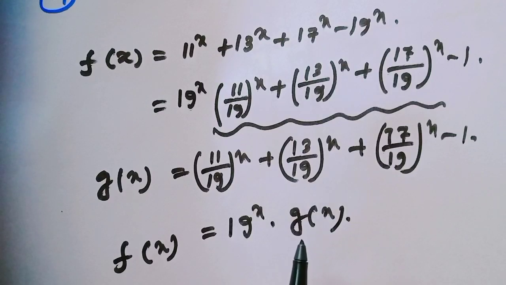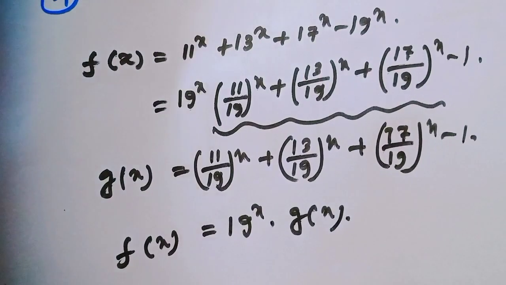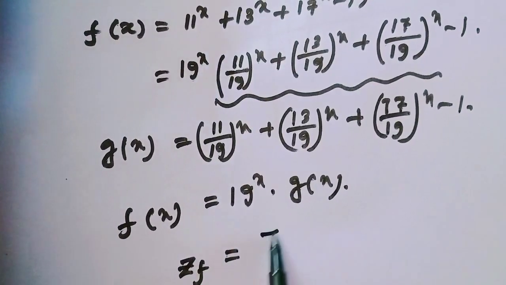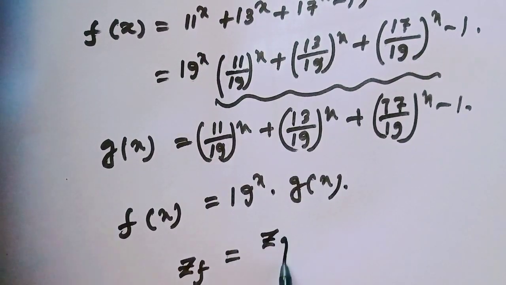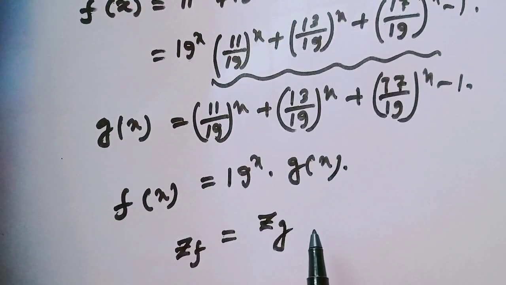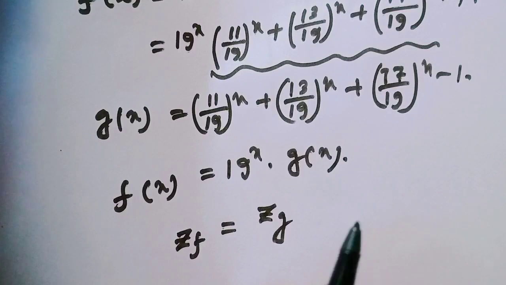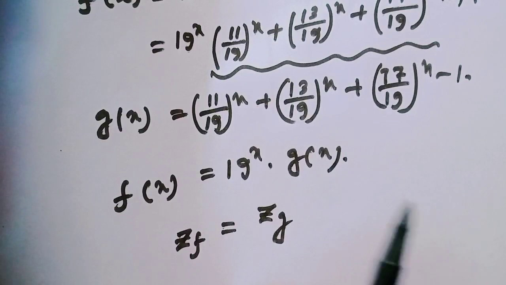And notice, zeros of f of x are the same as zeros of g of x. That means if f of x vanishes at those points, g of x also will vanish at those points.